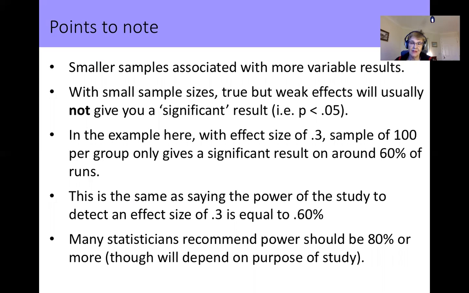And that's the same as saying that the power of the study to detect an effect size of 0.3 is, I've put 0.60%, but it's either 0.6 or it's 60%. I'll have to correct that in the slides. But most statisticians recommend power should be 80% or more, although it may depend on the purpose of your study. So this is really sobering news because it suggests that a lot of studies that are done are underpowered.